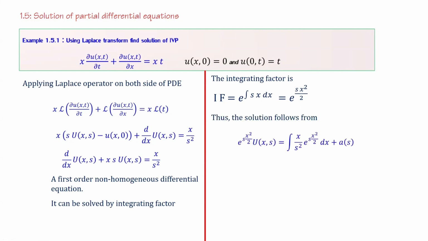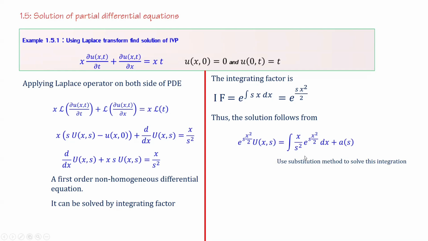Then we multiply on both sides. So the solution will be e to the power s x square over 2 times U(x,s) equal to the integral of the non-homogeneous part x over s square multiplied by the integrating factor with respect to dx, plus A(s). A(s) is the integrating constant. Since s is constant here, we have to take A as a function of s instead of a constant number.